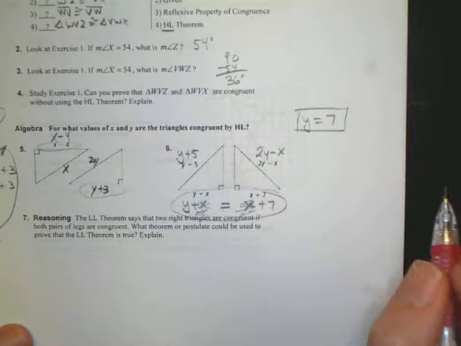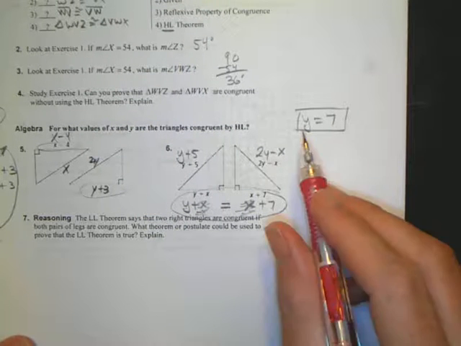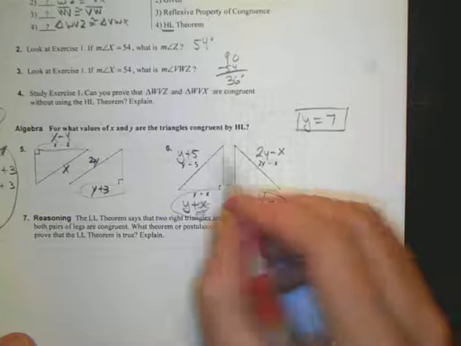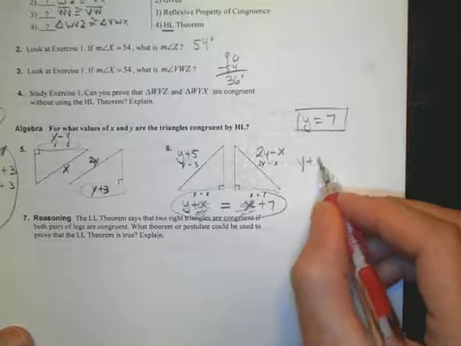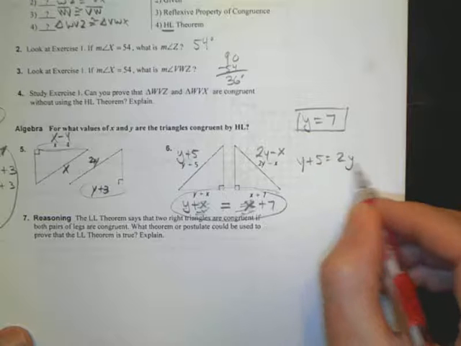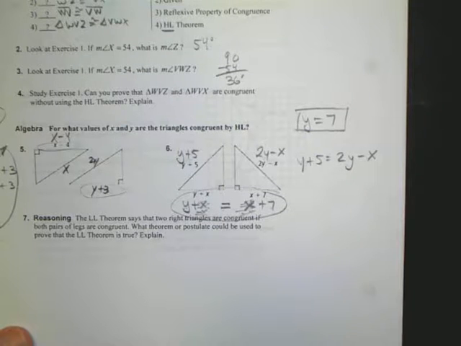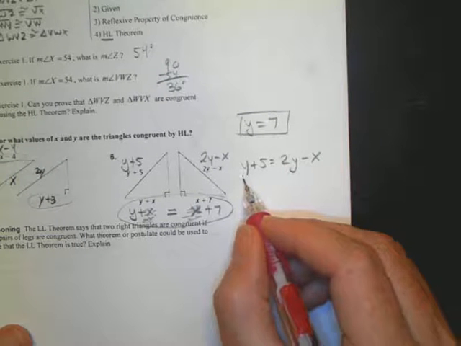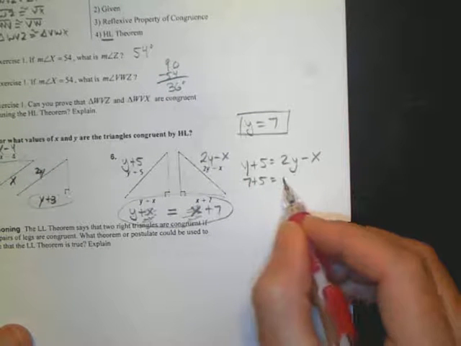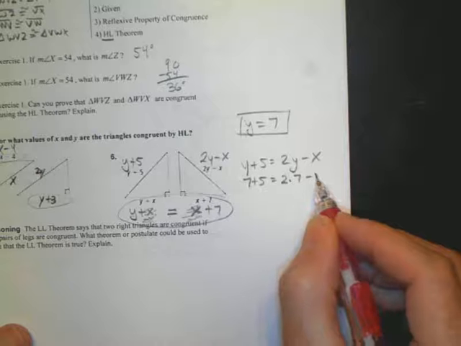Done. Now let's plug that back in to one of these other equations to figure out what x could be. I'll use this one, my other set of numbers. So y plus 5 equals 2y minus x. Let's solve for x. Plug 7 in, so 7 plus 5 equals 2 times 7 minus x.